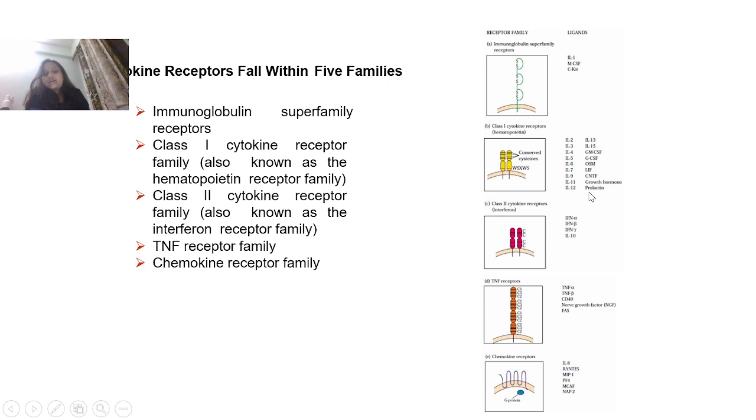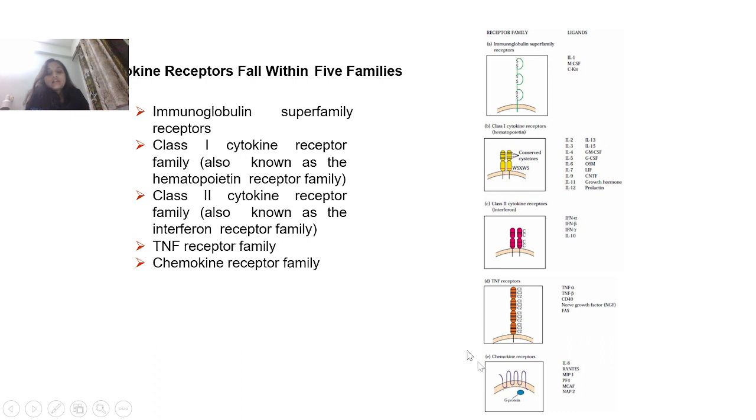Then there is the class 2 cytokine receptor family, the interferons. It is IFN alpha, IFN beta, IFN gamma, and IL-10. The four different types are there. Then there is the TNF receptor family: TNF alpha, beta, CD40, nerve growth factor, FAS.